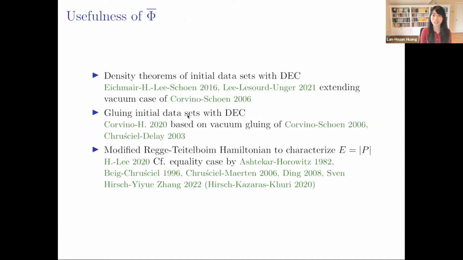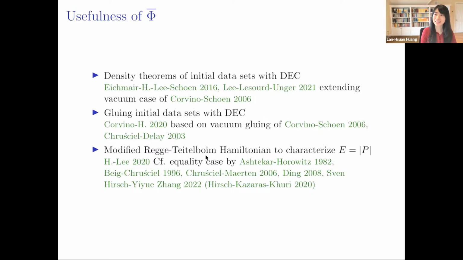We want to say if you have an initial data set with DEC and E equals |P|, where E is the energy and P is the momentum, then the slice actually has zero energy and momentum. So it's in Minkowski. There we use the modified operator to define this Regge-Teitelboim functional.